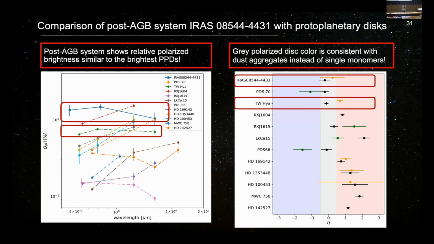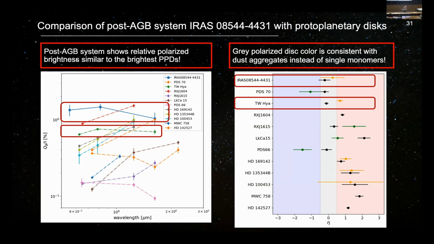And on the right side of this slide, I have also shown the color index calculated for different protoplanetary disks and for our post-AGB system as well. When the color index is less than minus 0.5, the disk is assumed to be polarimetrically blue. When it's between minus 0.5 and 0.5, it's gray.